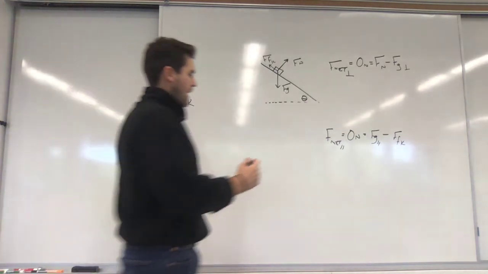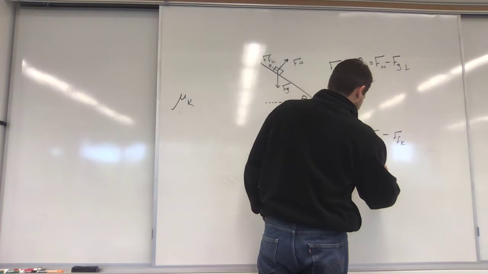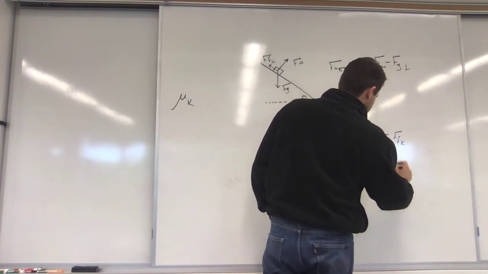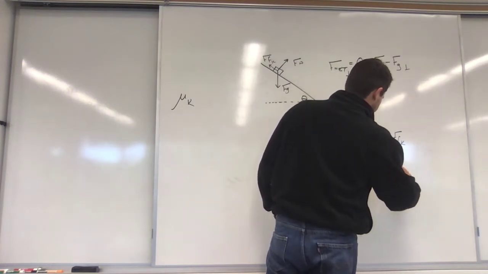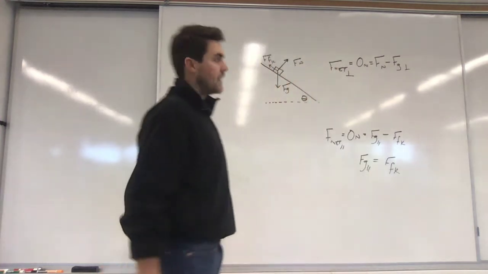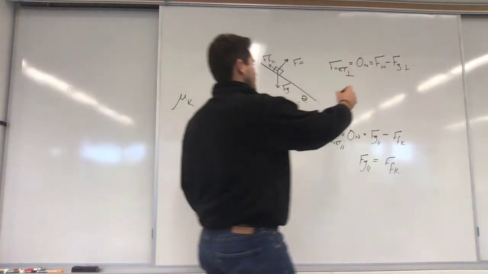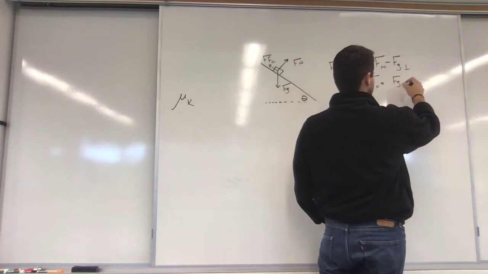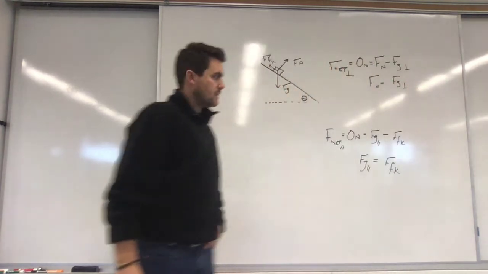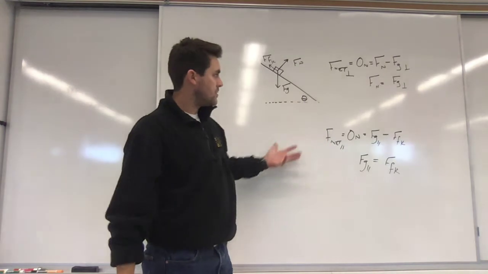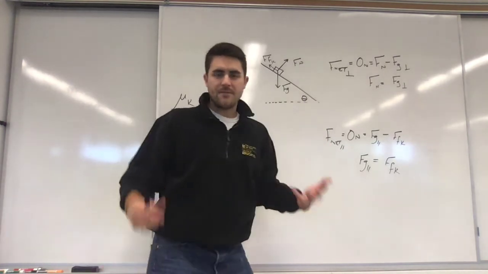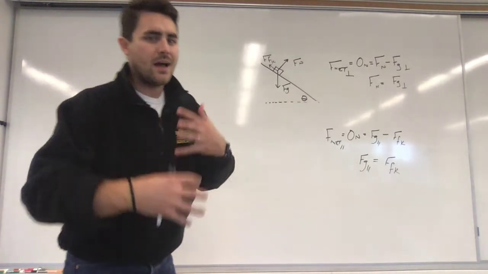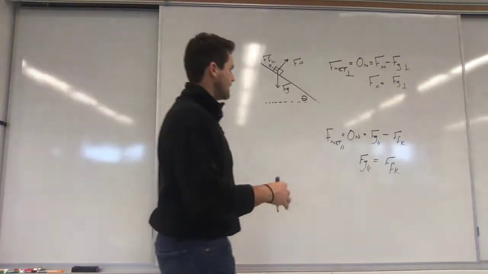Okay, so I know that Fg parallel is equal to the force of friction, kinetic, constant velocity, and that the normal force, Fn, is equal to Fg perpendicular. Well, I see a substitution kind of happening, right? If I don't know force of friction, I can always plug something in to find it.